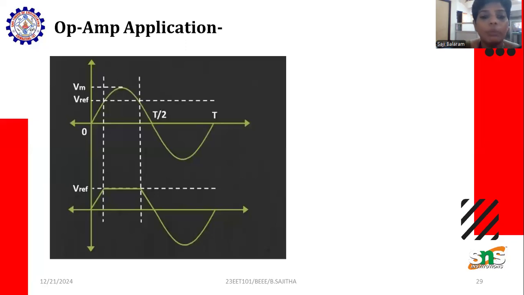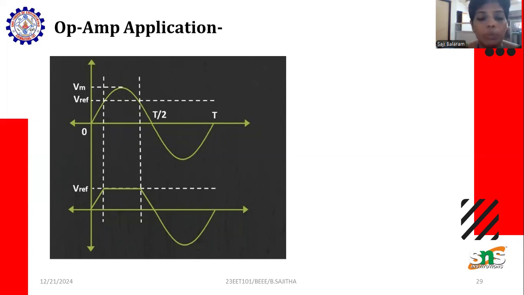From this waveform, you can see that the input is represented as Vm and a reference signal is given here, which is V reference. The time period is given as 0 to T, and 180 degrees is represented as T by 2.